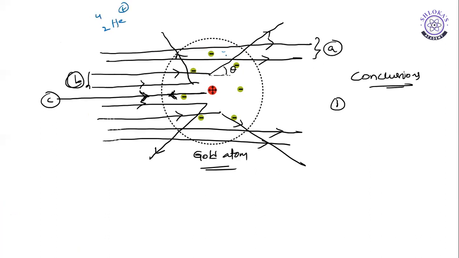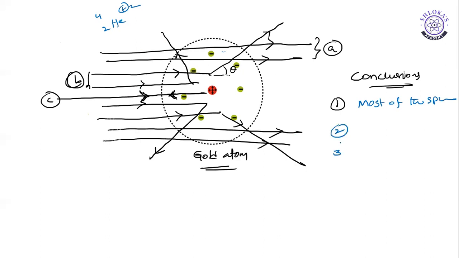They would change their deflection, but they are not doing so. That is why I can say that most of the space in the atom is empty. That was the first conclusion.